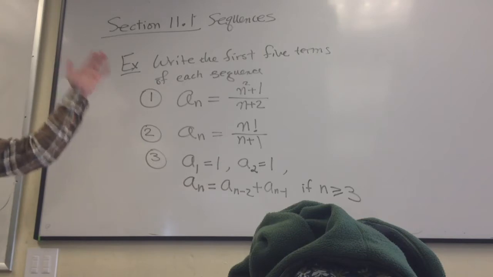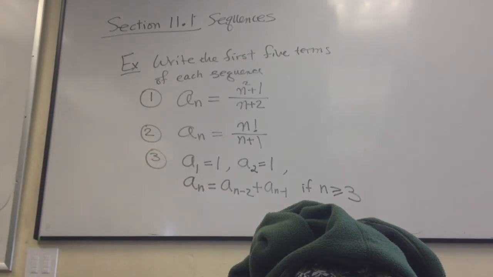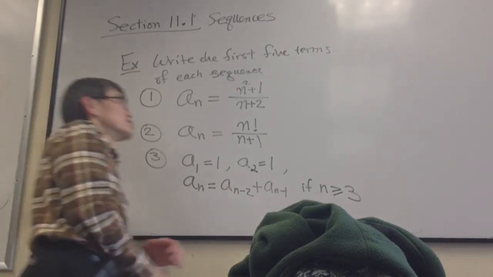Try to understand what each of these descriptions means. Each one of them is trying to describe a sequence, and we are testing your understanding. I'd like you to write down the first 5 terms for each of the sequences. So we start with the first one.